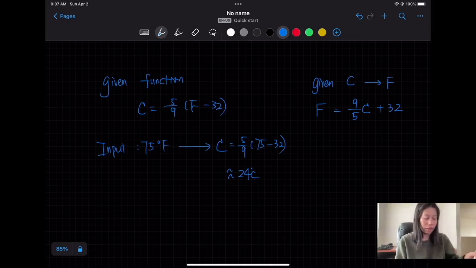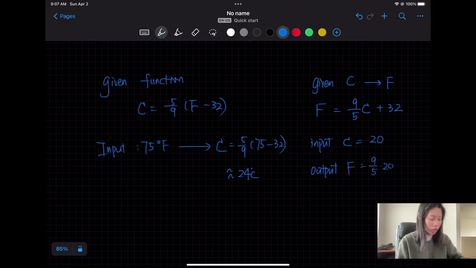So that means if your input is a Celsius, such as maybe 20 degrees, then the output is Fahrenheit, which is 9/5 times 20 plus 32, this is 36 plus 32, which is 68.